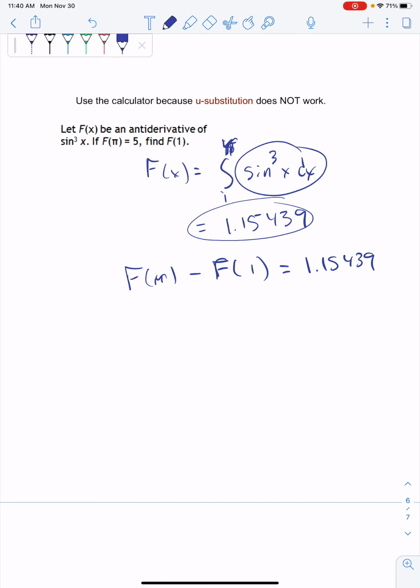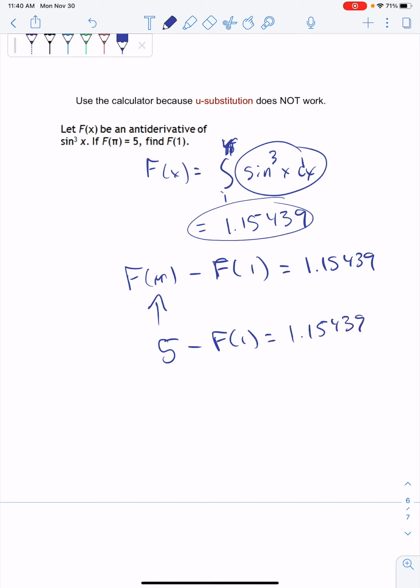That's just the integral. What it's asking me is, what is f of 1? Well, I don't know. That's what I'm looking for. But I know that F of pi is 5. I'm minusing f of 1, which is the one I don't know, to get 1.15439.